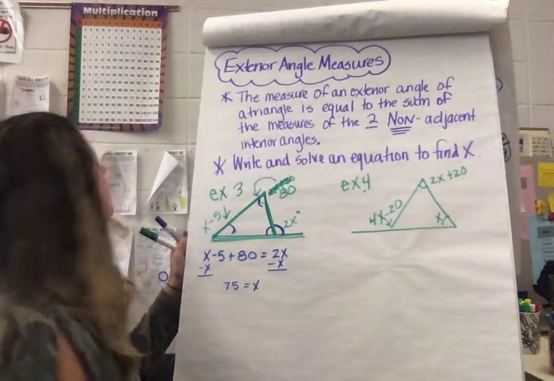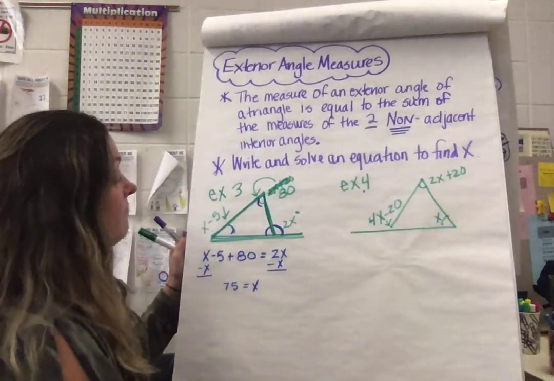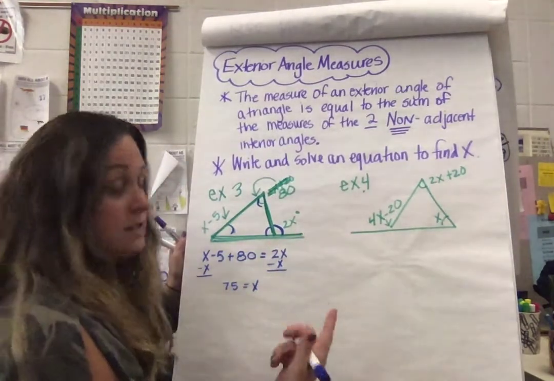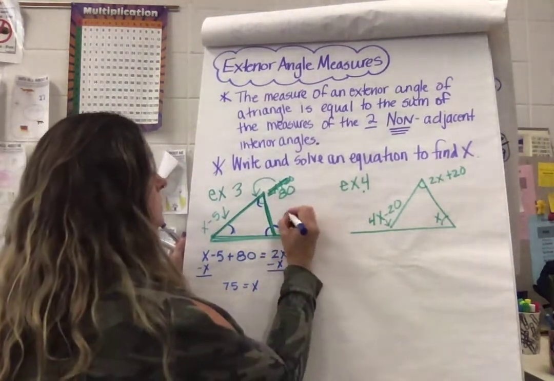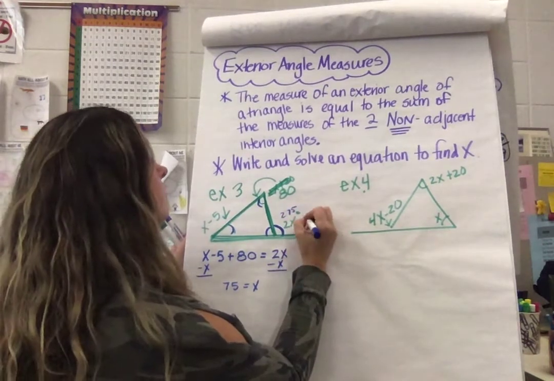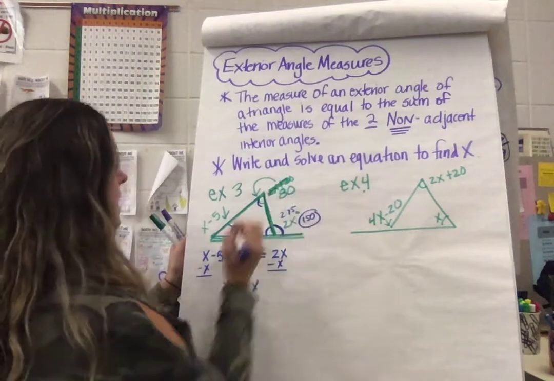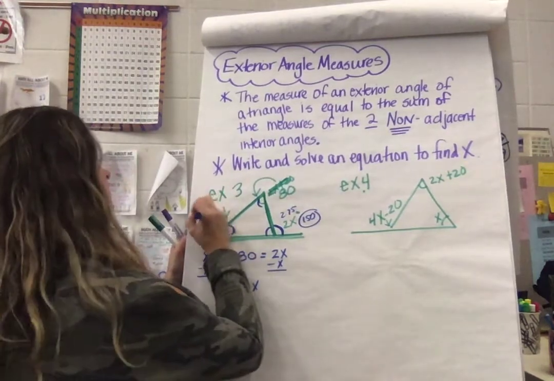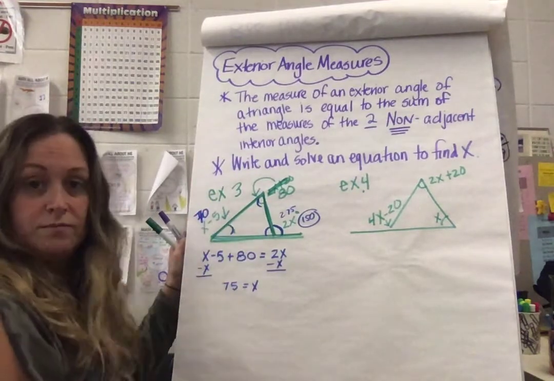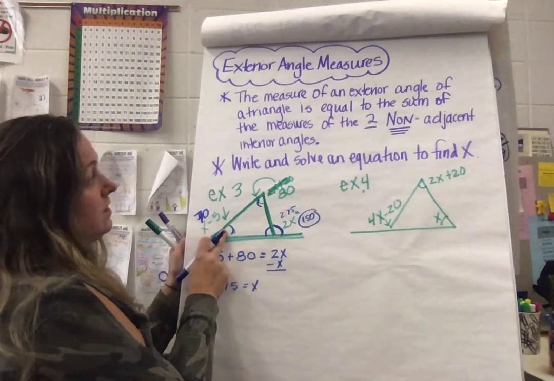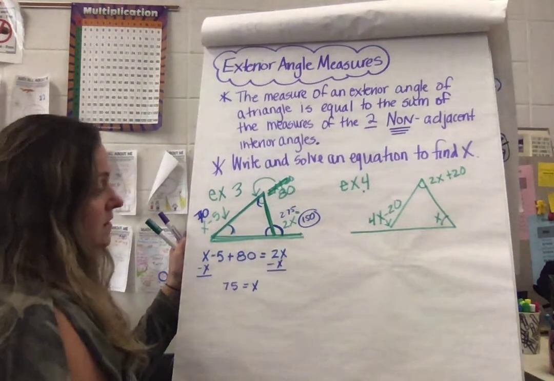And so my x is 75, and the directions may ask for you to go ahead and solve the angle measurement. So I have 2 times 75, 150. And then this one is 80, and then this is 75 minus 5, which is 70. Okay, so I'm writing an equation. The angle sum of the two internal non-adjacent angles is equal to the external.